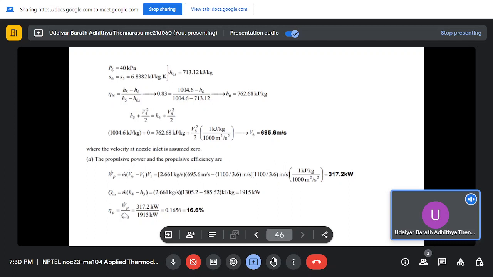So the propulsive efficiency is the propulsive power divided by the heat supply. So 317.2 kilowatt divided by 1915 kilowatt comes out to be 16.6%.